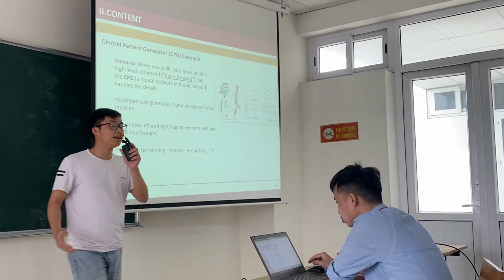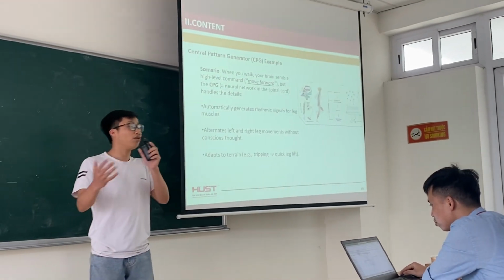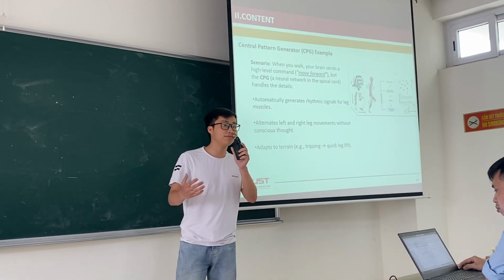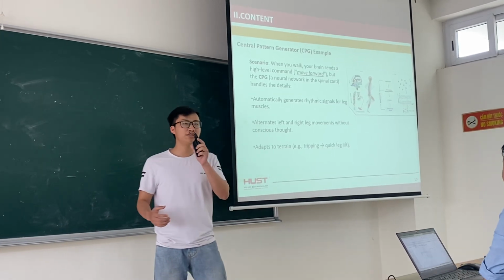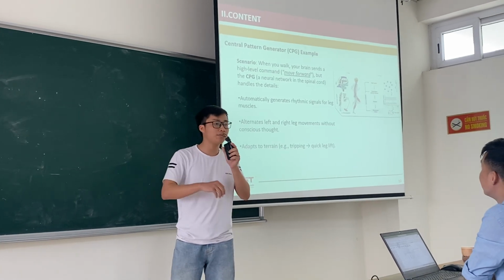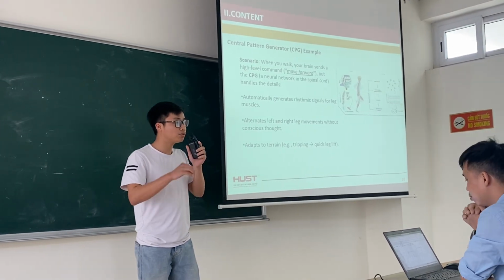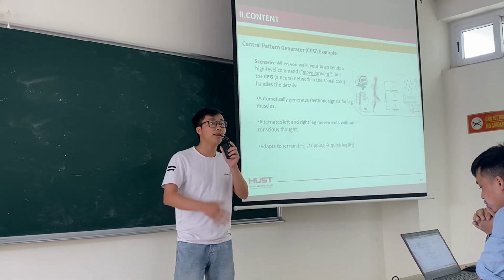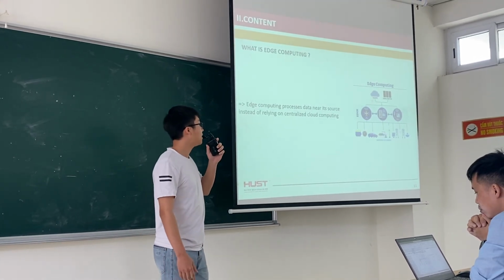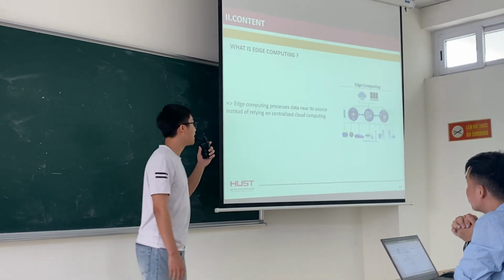This mechanism reduces cognitive load on the brain. It enables fast reflexes, such as when you step on a hot or sharp object, your foot automatically and immediately lifts. So that is CPG and how it works.